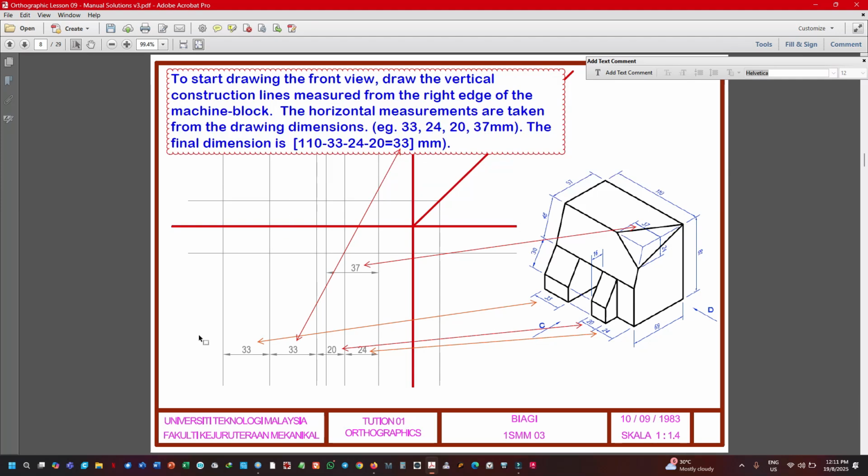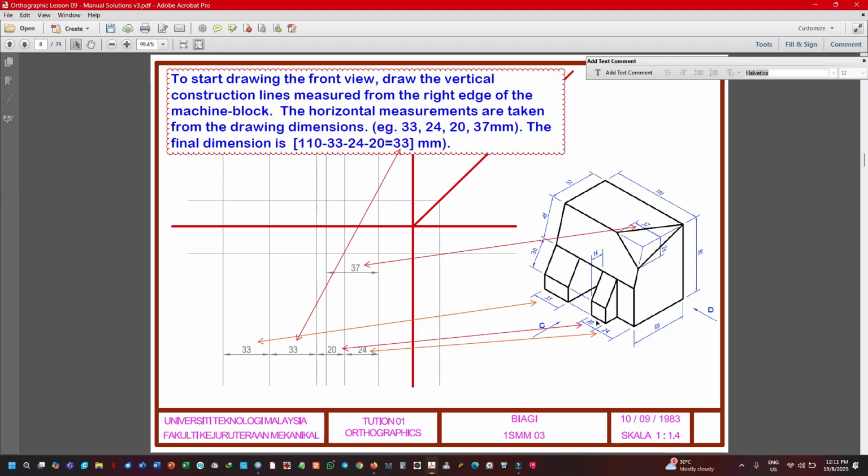Now we're going to start your drawing. To start the drawing of the front view, draw the vertical construction line measured from the right edge of the machine block, so measured from here. What you have is 24. Where is 24? 24 is from this edge to this edge. And then 20 is here.